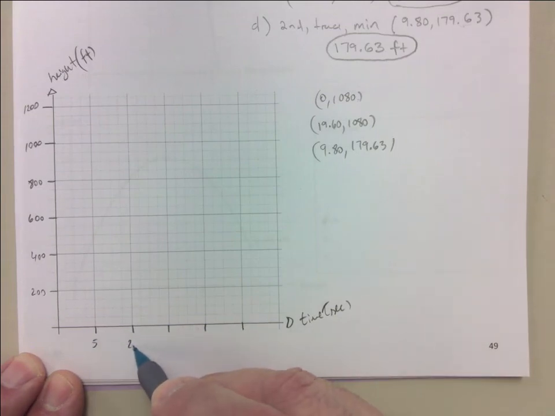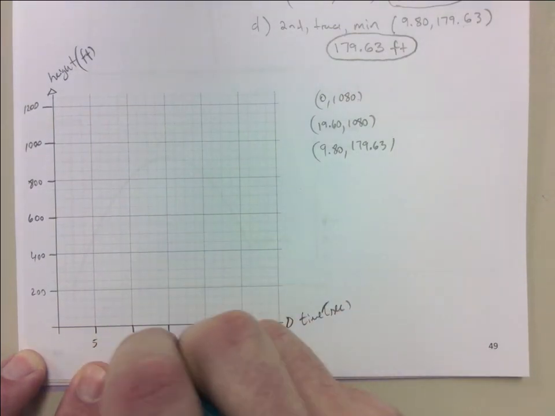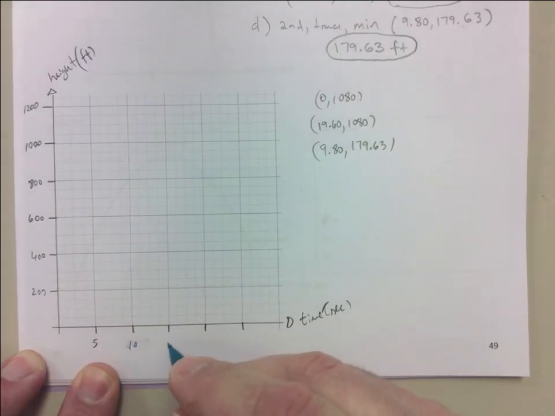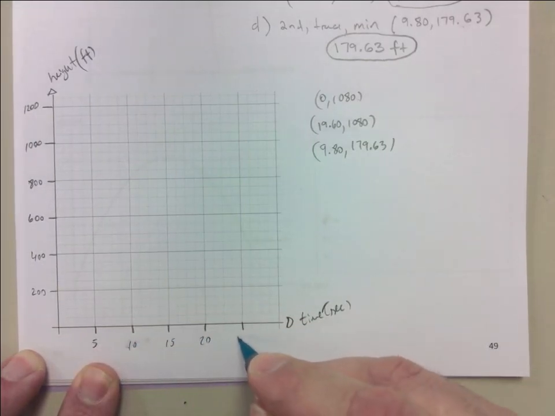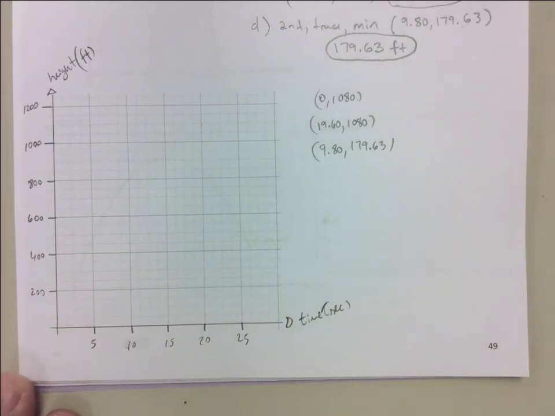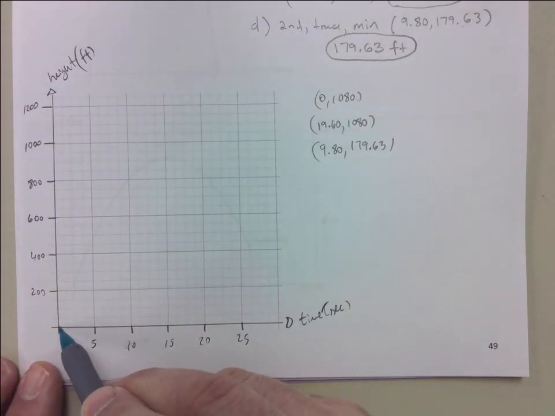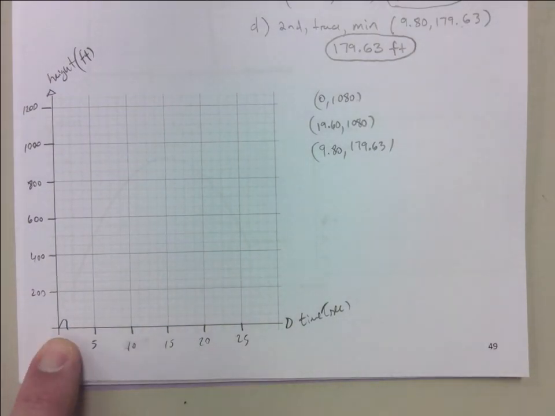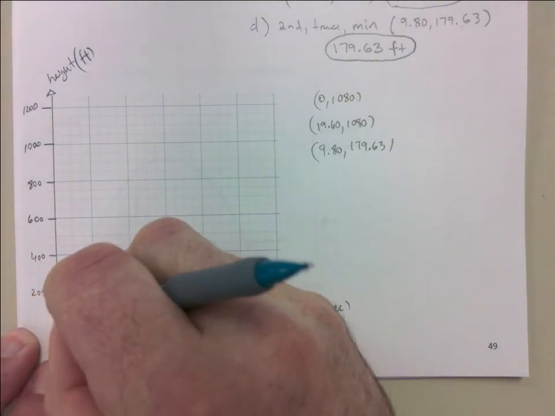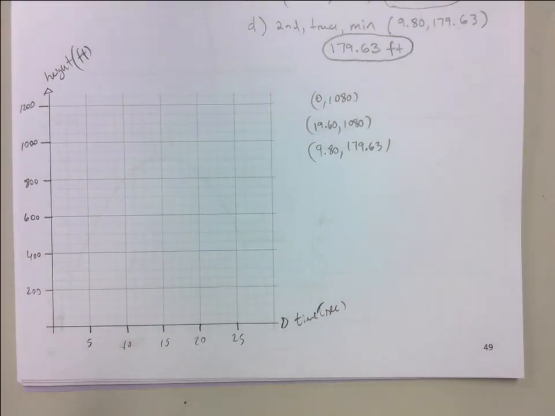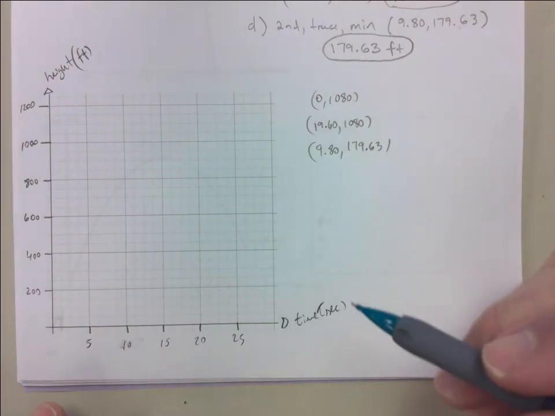No problem. Oops. 5, 10, 15. That's good. So I don't want you to have this scaled so small that your graph looks like this. Right? Like you want to avoid that, right? Like, sure, technically that could work, but you want to kind of use up most of your graph, most of your grid. So let's plot this.